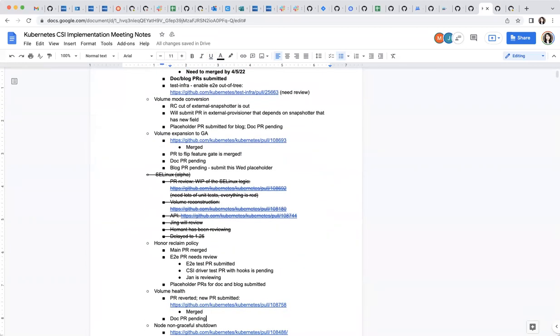And owner reclaim policy. So the D2 test, Yang, you're still reviewing that, right? Right now there are still some issues with it. I think even the feature doesn't work as intended. I expect Deepak to fix it soonish.